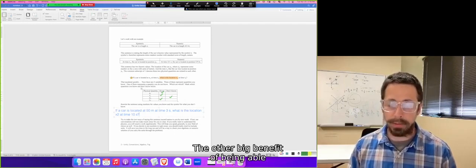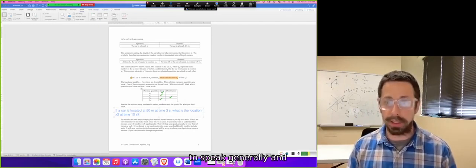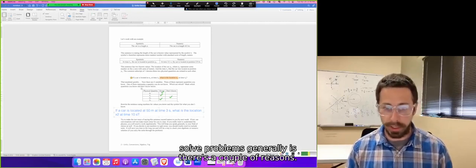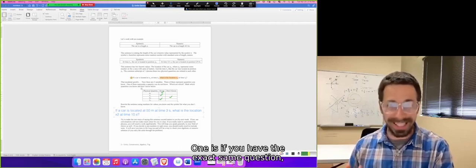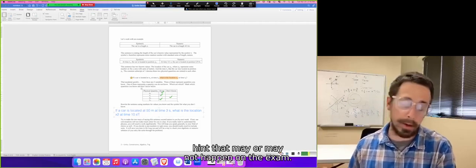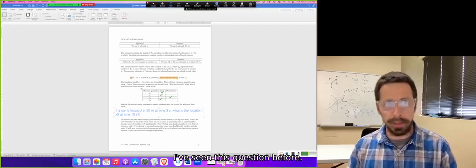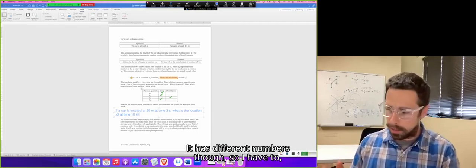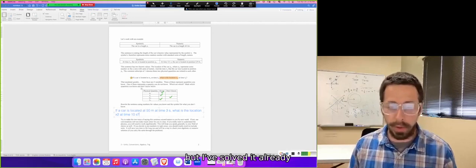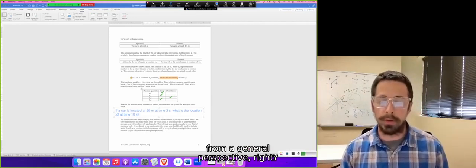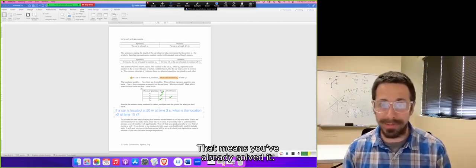The other big benefit of being able to speak generally and solve problems generally is, there's a couple reasons. One is if you have the exact same question, hint, that may or may not happen on the exam. I've seen this question before. It has different numbers though, but I've solved it already from a general perspective, right? That means you've already solved it.